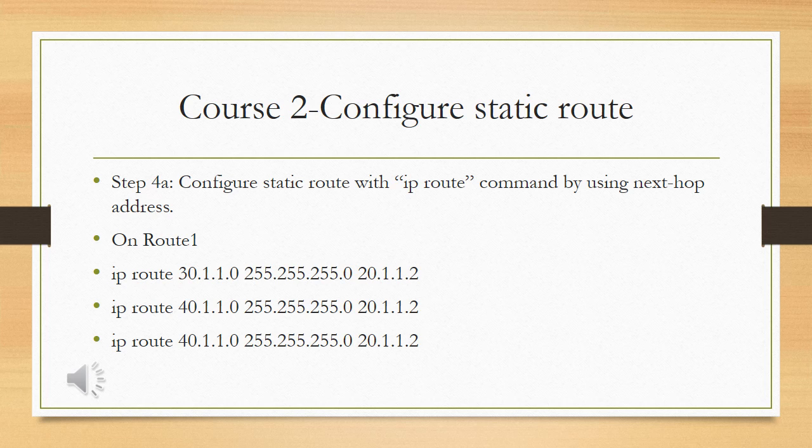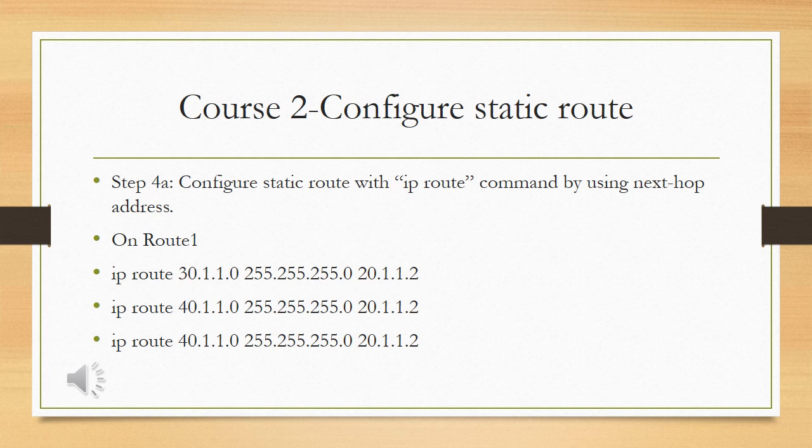Starting from router 1, it is directly connected to 2 networks, 10.1.1.0 and 20.1.1.0. We will need to configure 3 static routes for it to reach the other 3 networks, 30, 40, and 50.1.1.0.